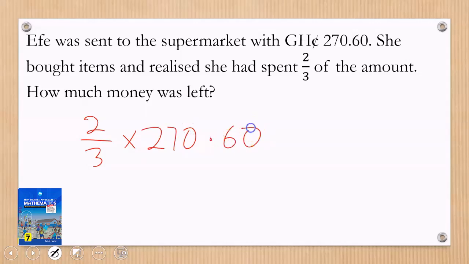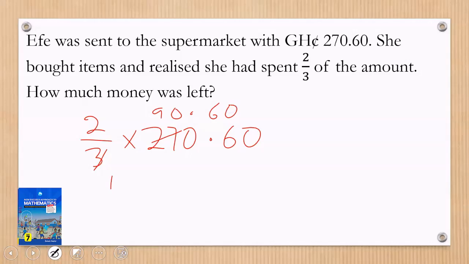Let's do the simple cancellation here. We know 3 can divide itself as 1, and 3 can divide 27 as 9. And so here we have the remaining 0.60, because we only took the 3 to divide the 27.